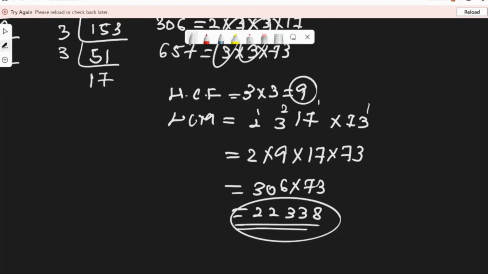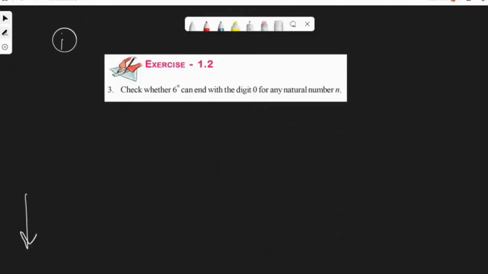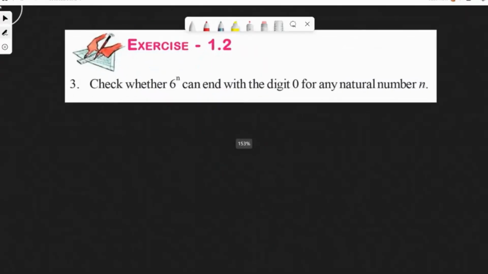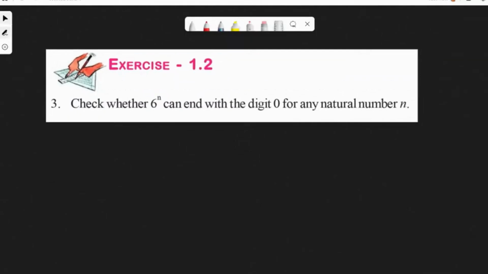Next one is the third question, which is: check whether 6 power n can end with the digit 0 for any natural number n. So they're asking if we put any natural number n, should we get a 0 at the end. For example, let's take 10 power n.